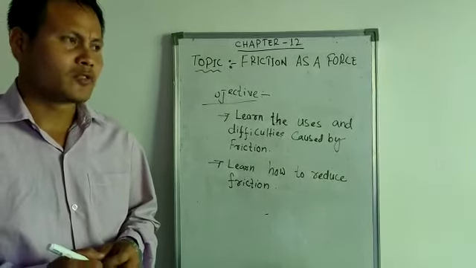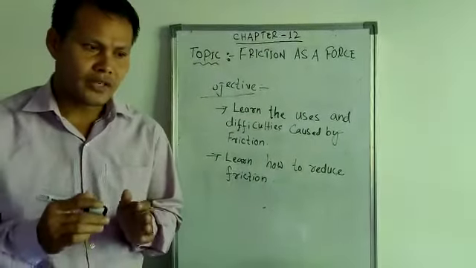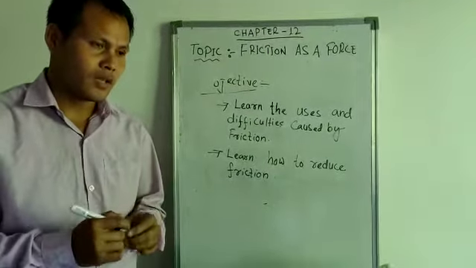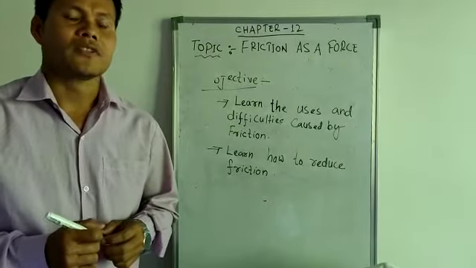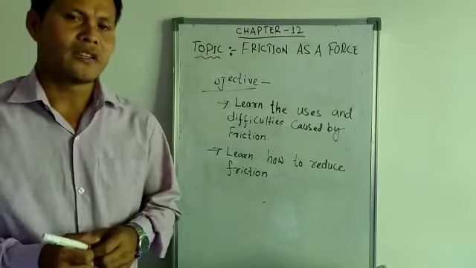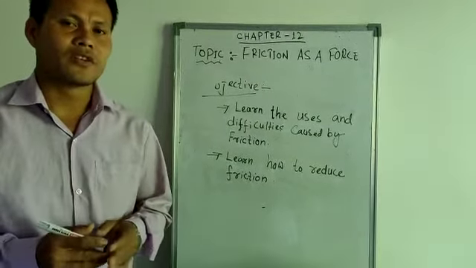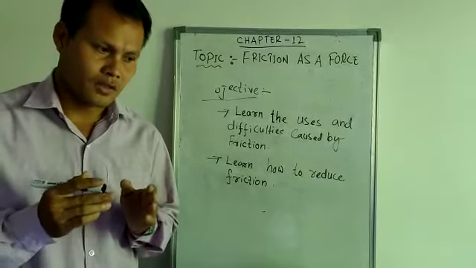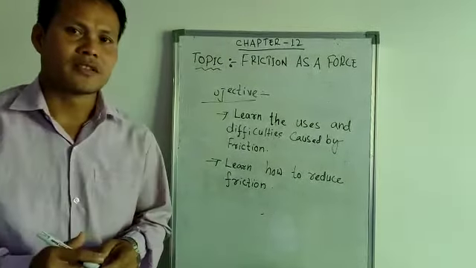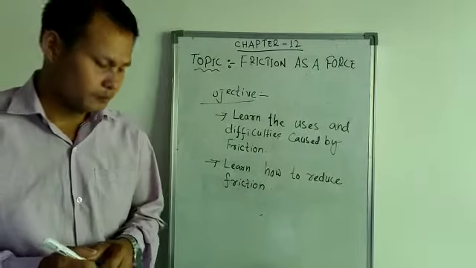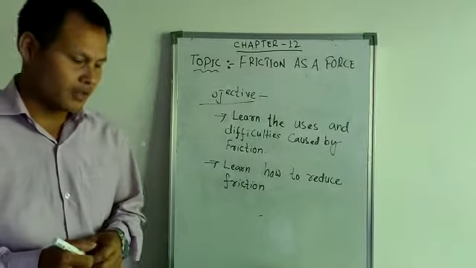One more example is when you try to walk or run on a wet floor, you have the chance of slipping. Why is that? Because of less friction, since the floor is very smooth, and on a smooth surface there is less friction. That is the reason you have the chance of slipping.